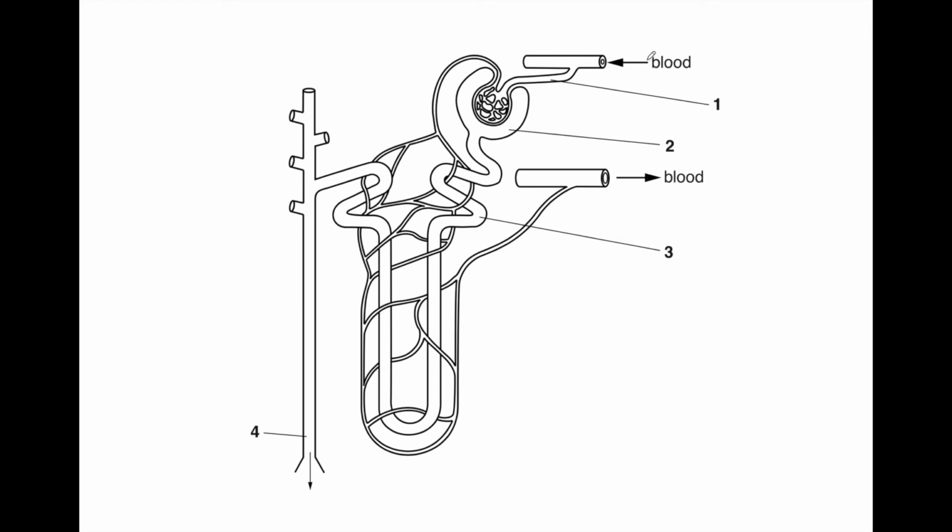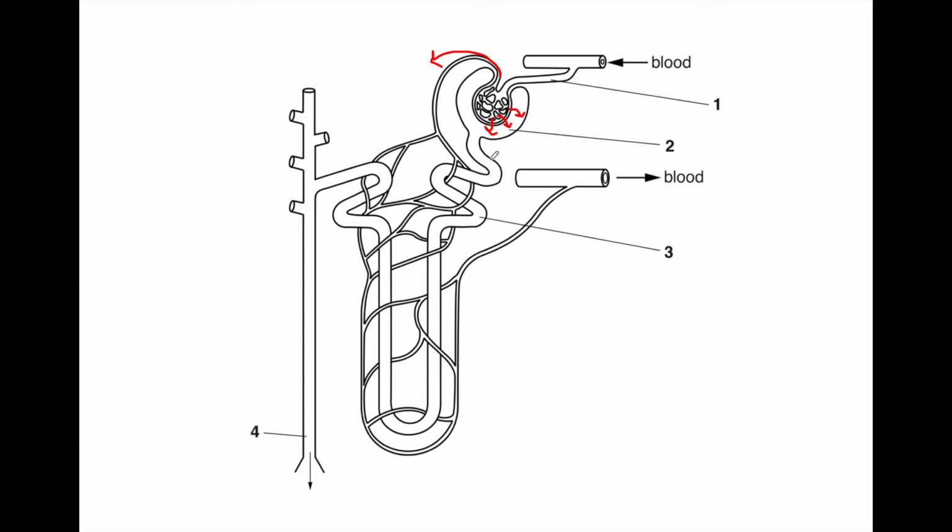Now, again, we have blood coming from the renal artery to the glomerulus. It filtrates some substances. Other unfiltrated substances will complete the pathway. And as we can see, the capillaries are surrounding the tubule.